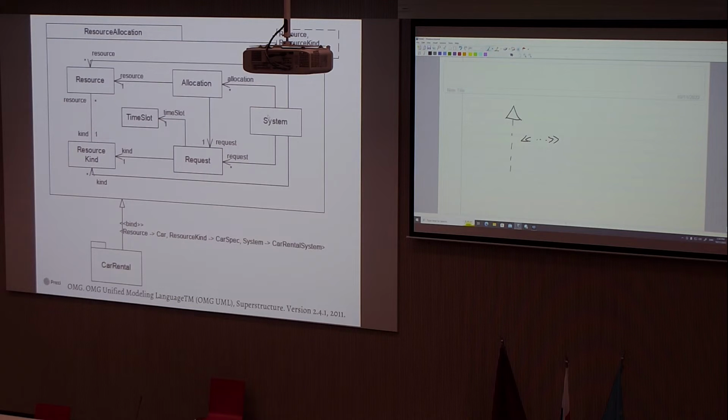And you can use it for allocating resources of just any kind. So you put this into work by binding car specification and car rental system to the appropriate elements in order to manage car rental things, because that's resource allocation in its own right.